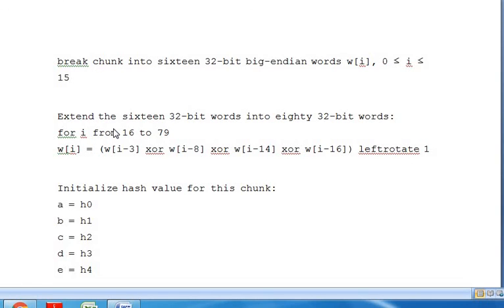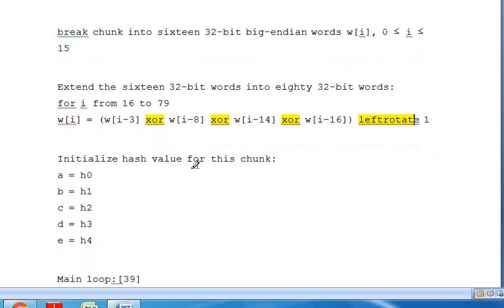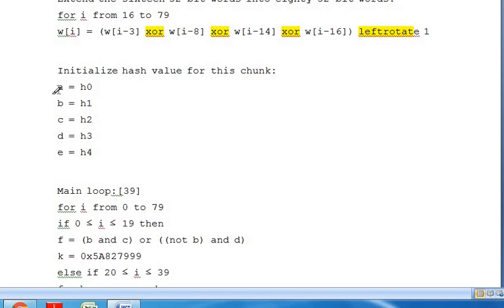Here also the same thing continues. The XOR operation is performed between the keys on the rounds, and it is left rotated, and the initial hash value will be found.